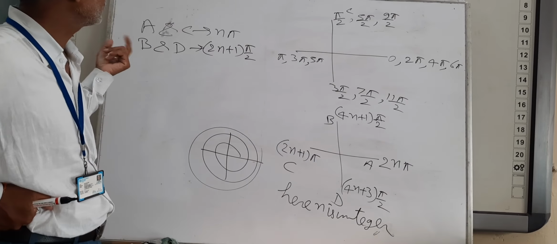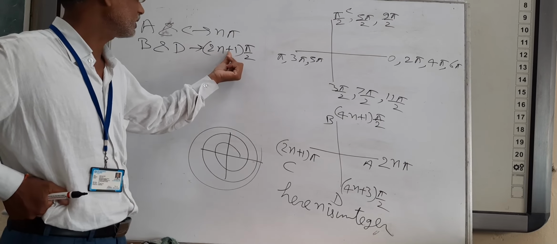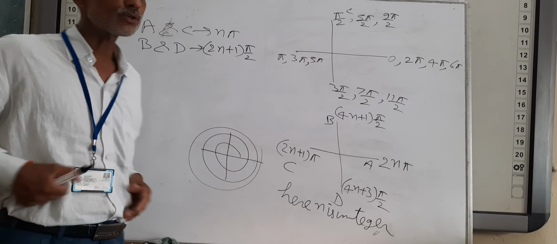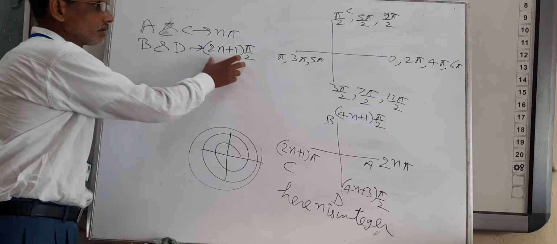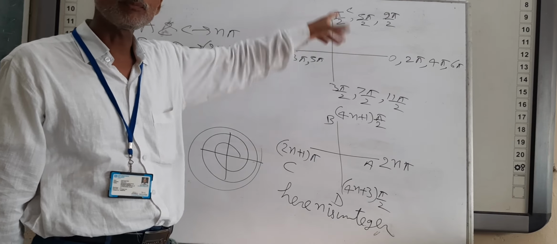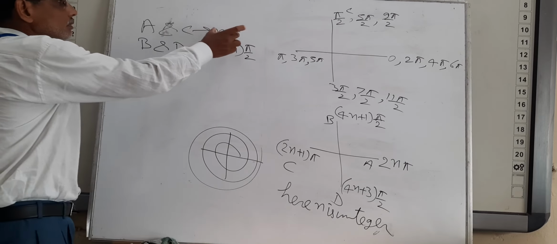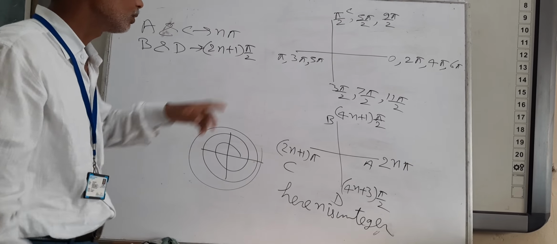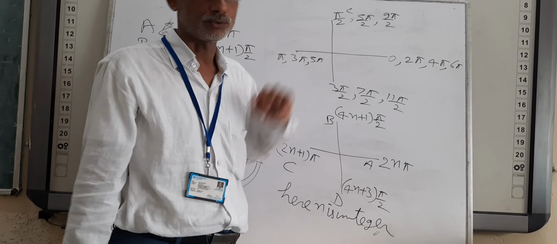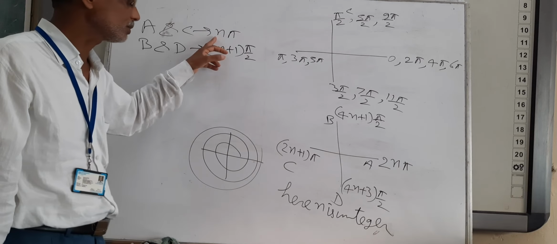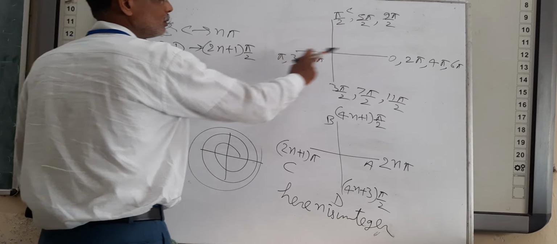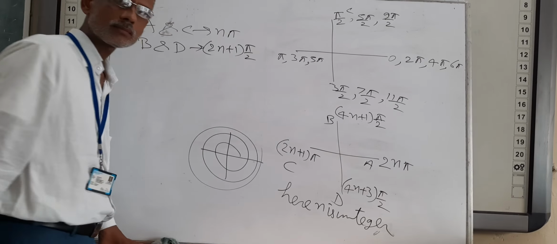If you put n is equal to 3, then 3 times 2 is 6 plus 1, 7 pi by 2, this point. This shows that this expression considers both points, upper and lower vertical points, and this expression considers both horizontal points, odd pi and even pi both. If you put n is equal to 0 here, 0, 1 pi, 2 pi, 3 pi, clear?